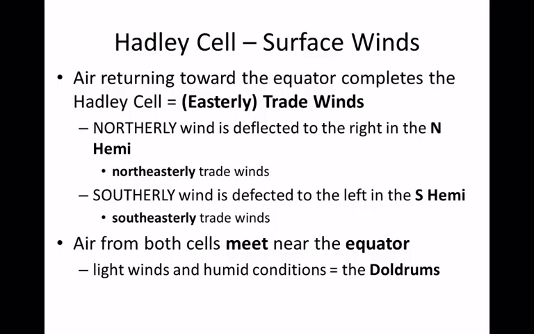This part along the surface is going back towards the equator, so deflection is to the left. So as I've drawn that red line, these are our southeasterly trades, southeast trade winds, at the surface.